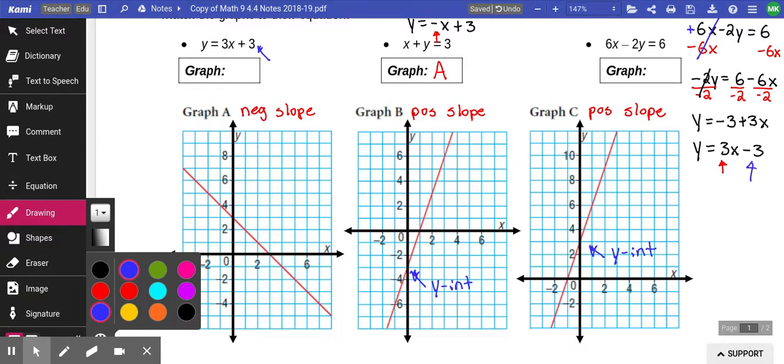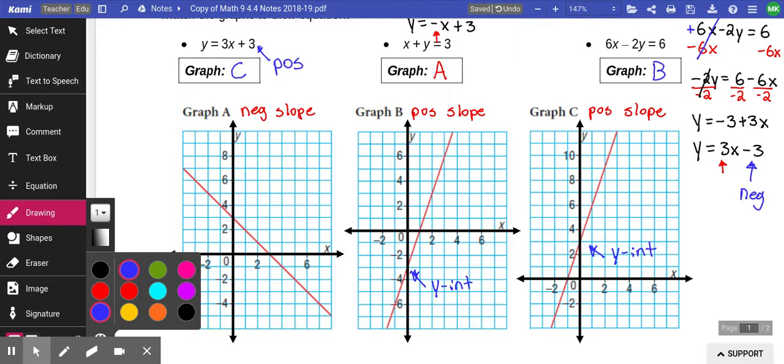This one is a negative 3. Well, this one up here is positive. So I can match up the graphs based on their y-intercepts. The first one has a positive y-intercept, it must be graph C. The third one has a negative y-intercept, it must be graph B.